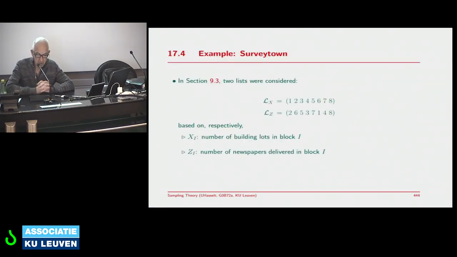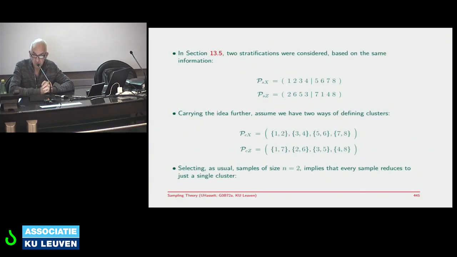Survey time. So there is the list based on x as an auxiliary variable and based on the strange z as an auxiliary variable. So let's look at the first one. The population is, we consider stratifications actually already based on x and z. But now we go further and say, let's define clusters in this way. 4 clusters.